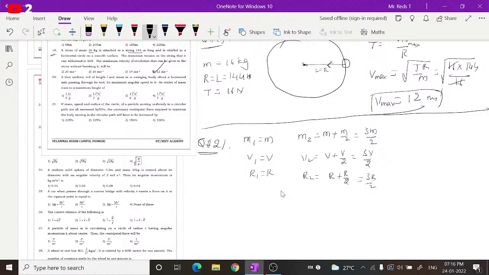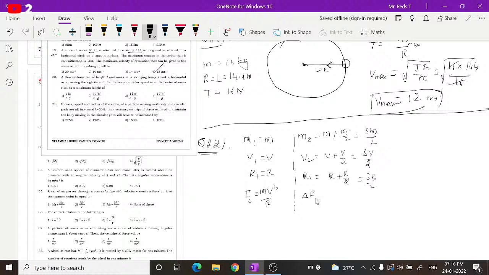Then what is the change in centripetal force required to maintain the circular path? Let us say the centripetal force required to keep the body in circular motion is Fc, which is equal to mv square by r. When these values change like this, what should be the change in centripetal force? That is the percentage change in centripetal force.